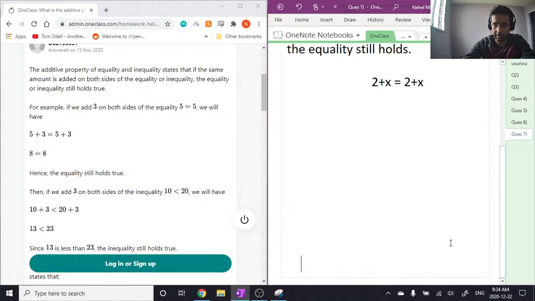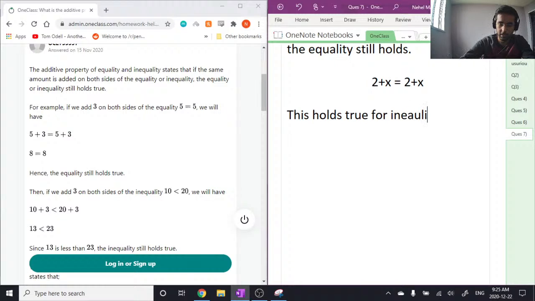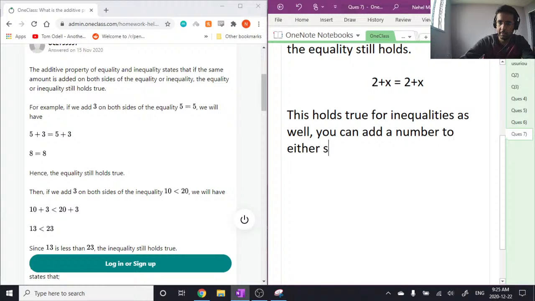So if I'm just going to continue typing here, this holds true for inequalities as well. You can add a number to either side of an inequality without affecting it.